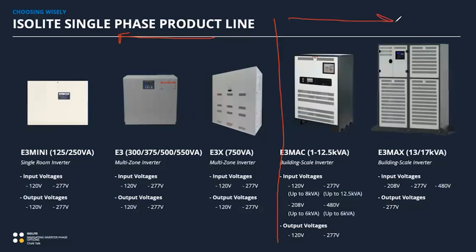When you go over to the right, in the E3MAC and the E3MAX line, that's where we start to get into a little bit more building infrastructure. So it's more likely that we're going to be providing power to sub panels. We're going to be a little bit further upstream in the architecture of the building's power system. And so when you get to the E3MAC and the E3MAX, that's when you're going to be selecting what type of phasing you want.